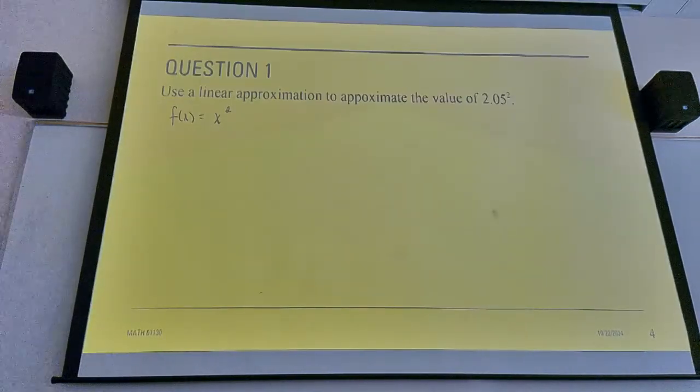What point is that really close to that we know the square of? 2. So we're going to set a to be 2. We're going to find the linearization of x squared at 2. That will then be used to approximate 2.05 squared.